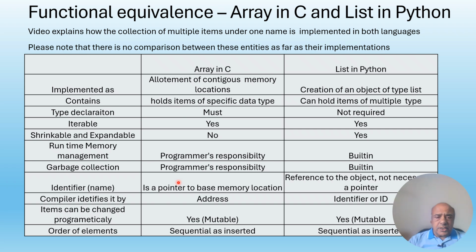How does the identifier name, or name of array, differ in C and list? In C, the name of an array is a base address or pointing to a base address of the memory location. So it is a pointer to base address for that particular array.